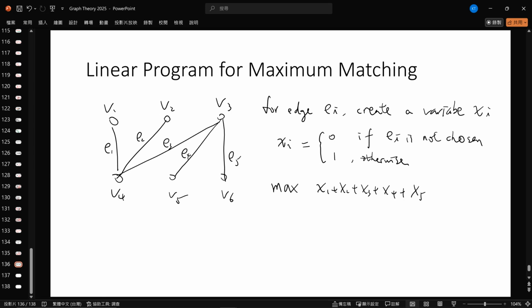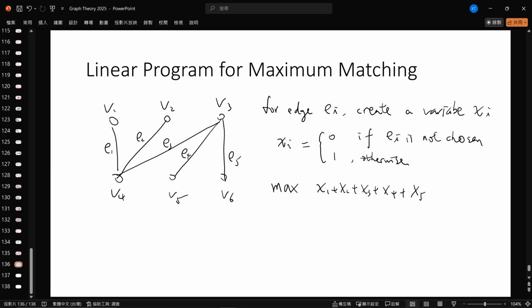In other words, for every vertex, you can choose at most one of the neighboring edges, or incident edges. So for example, for V4, 3 edges, E1, E2, and E3, are incident to V4. But among these 3 edges, you can choose at most 1.